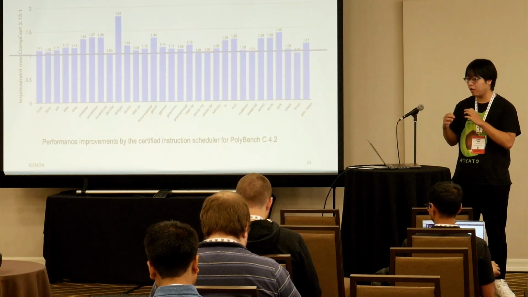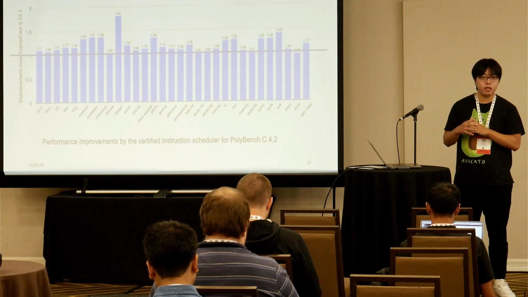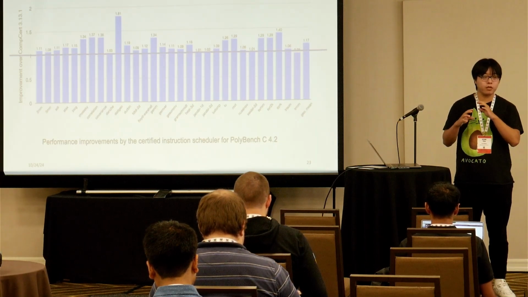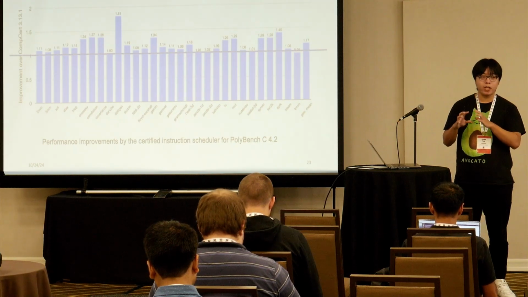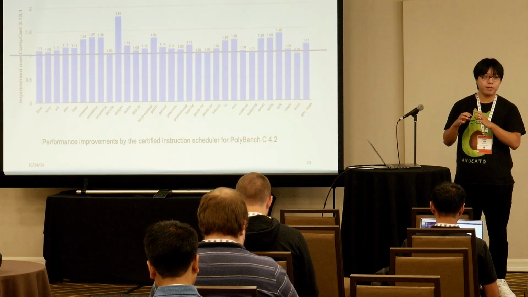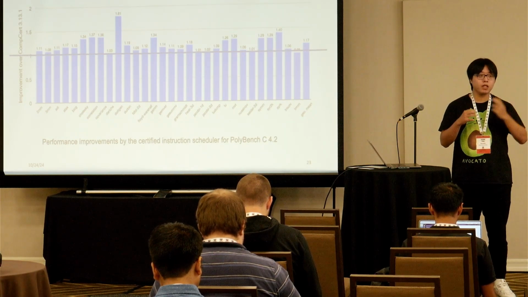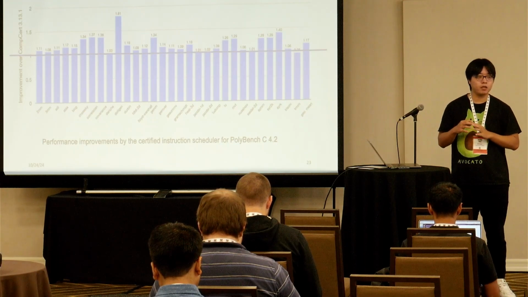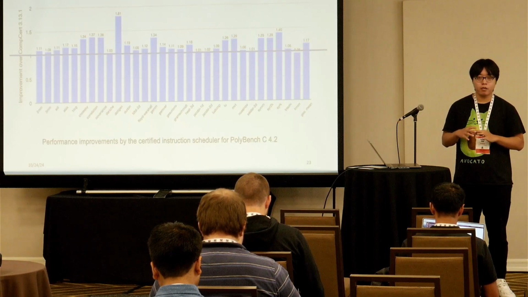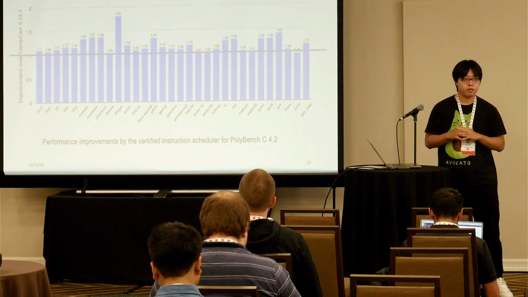But I think the speedup of their untrusted scheduler is faster than this verified one, because they can do much more development on the untrusted scheduler, and they don't need to touch the proof. This is what I talked about, the flexibilities for the untrusted scheduler. If we want to do more optimizations, we may need more theories in the proofs. Thank you.